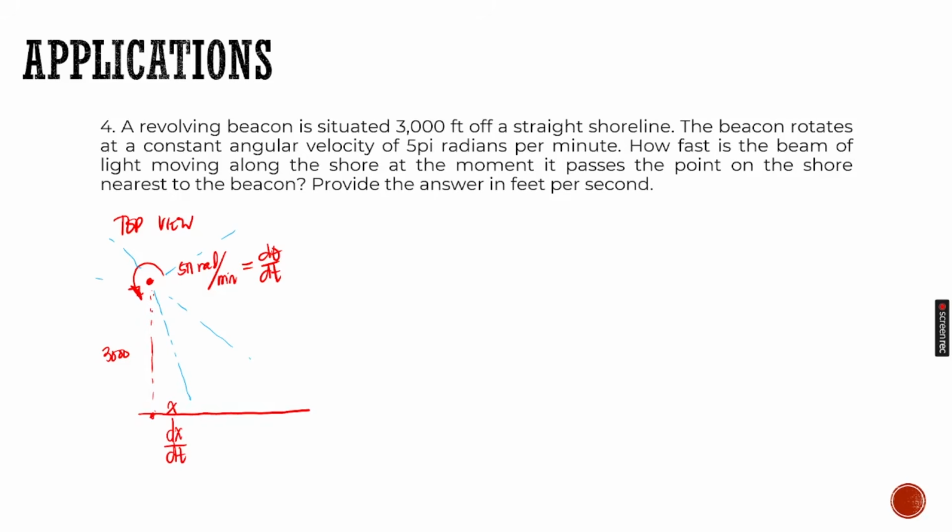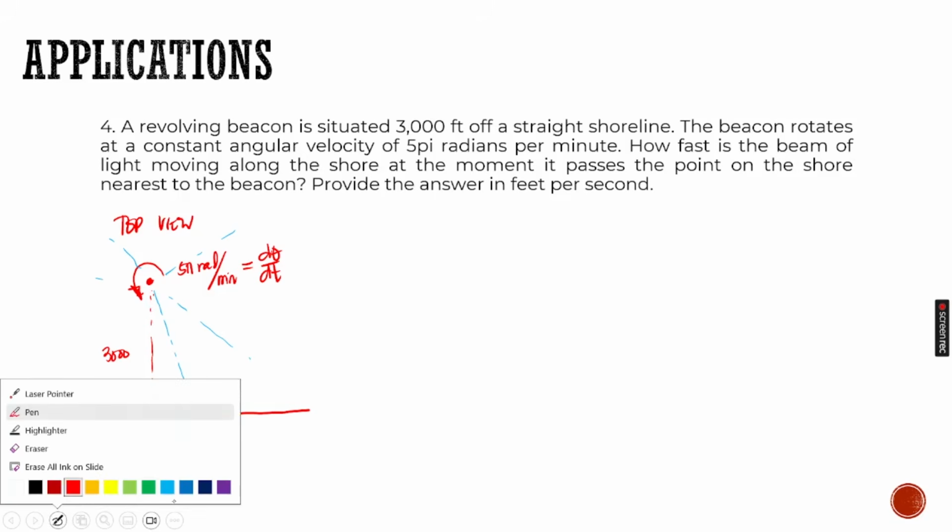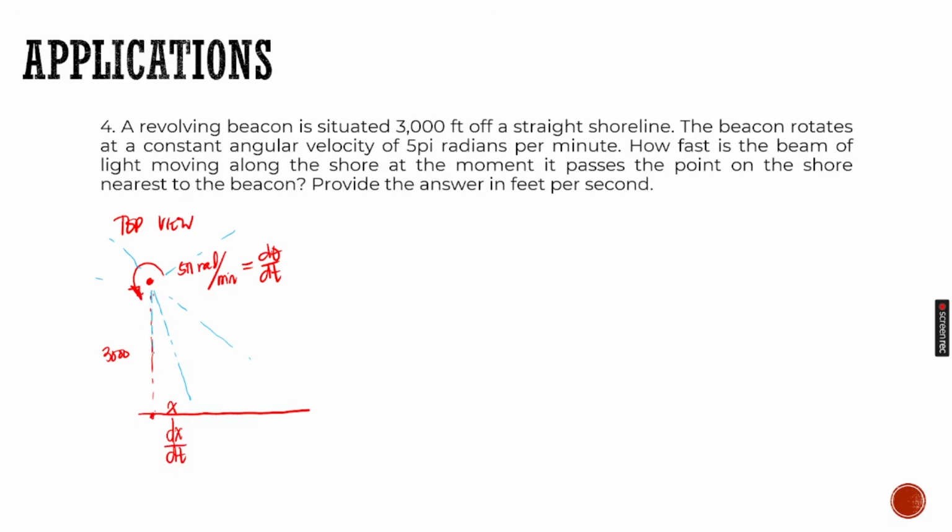At this point, when the beam of light is at the nearest point, the angle with respect to the same axis is actually 0.